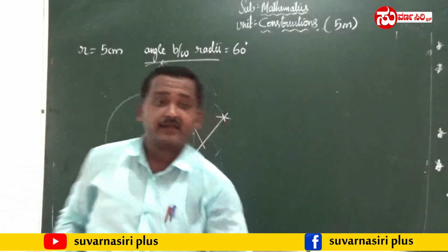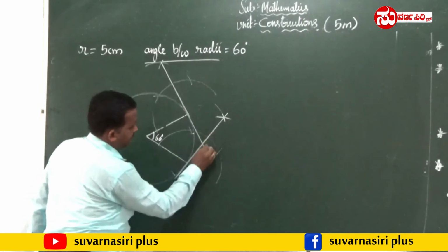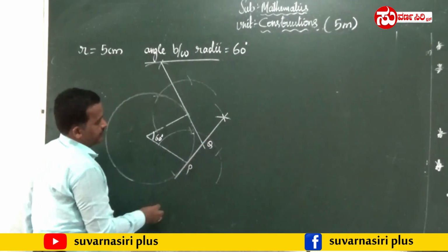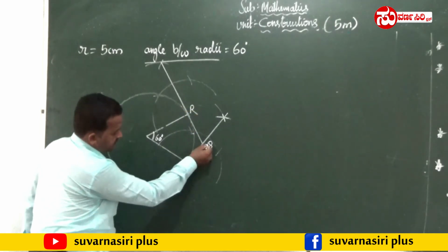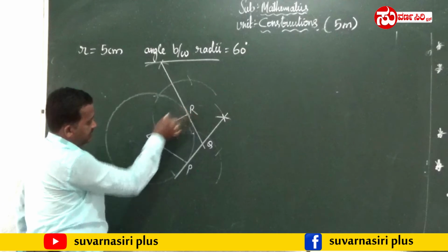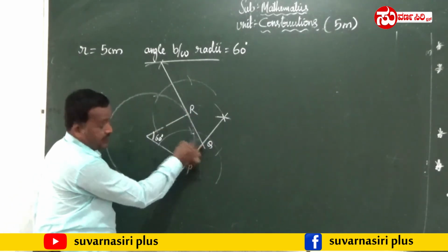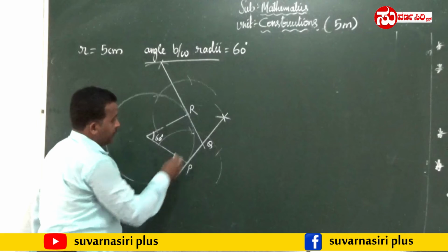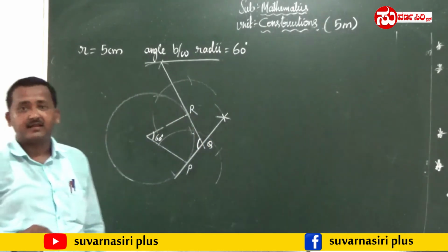So that these two are, let us give the names P, Q, right? So this one let us take R. PQ is a tangent with the help of this radius and QR is another tangent. You can look here, both the tangents intersect here. So what about this angle?